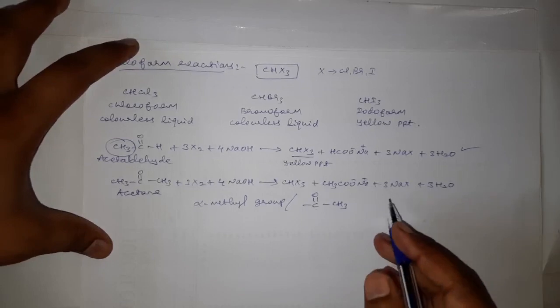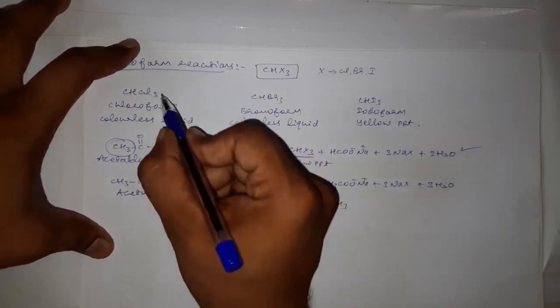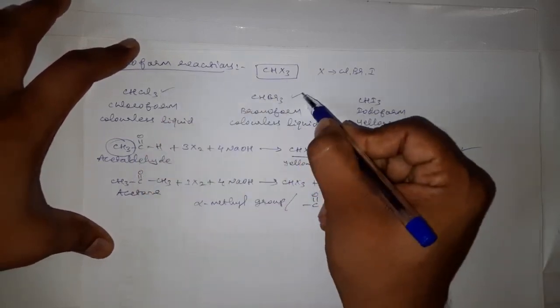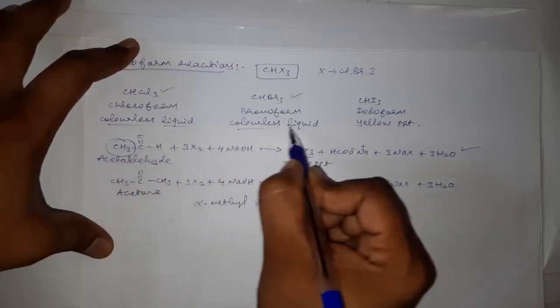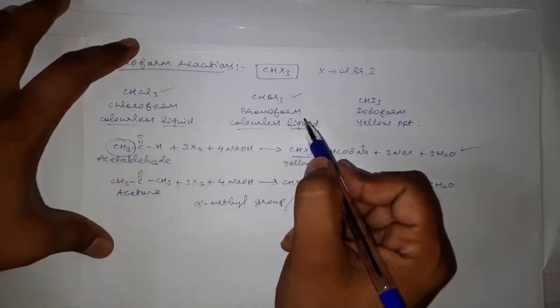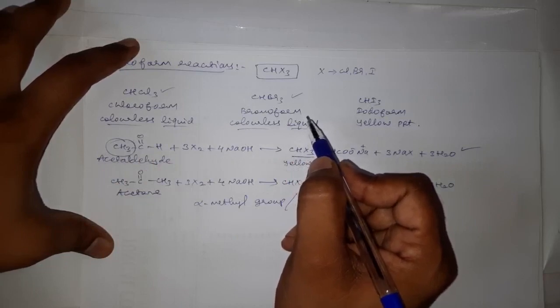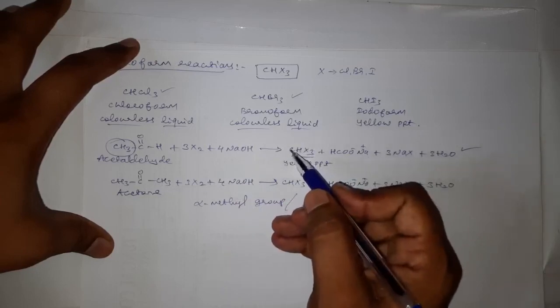In haloform reactions, chloroforms and bromoforms are colorless liquids, and we will not get any color change during the reaction, hence we will not get an idea about the formation of products.